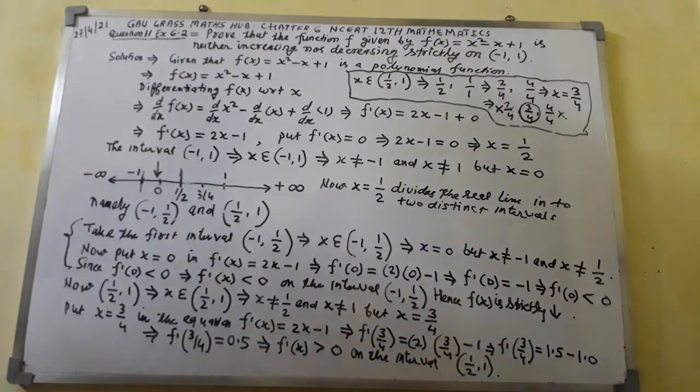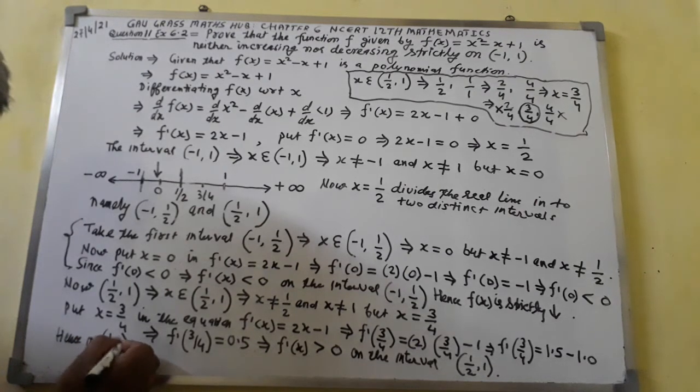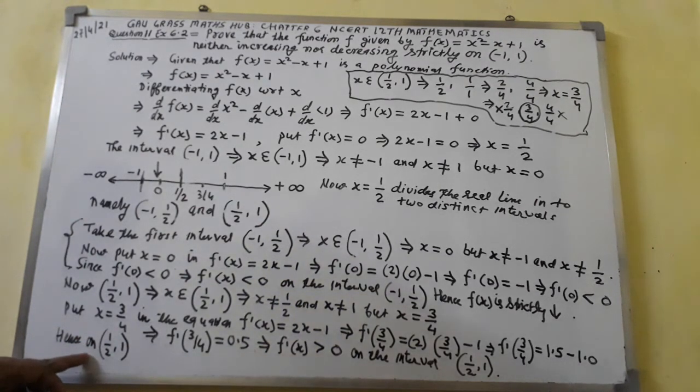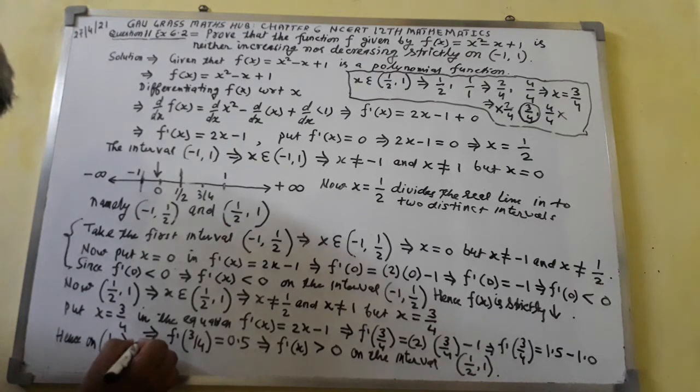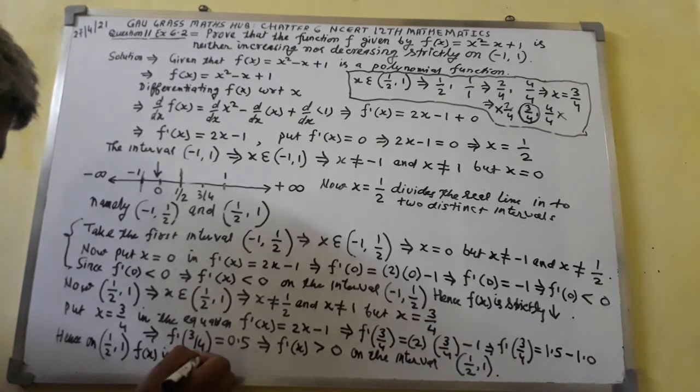So what will we get here? We have got, hence here I shall write, hence on the open interval 1/2 comma 1, f of x is strictly increasing.